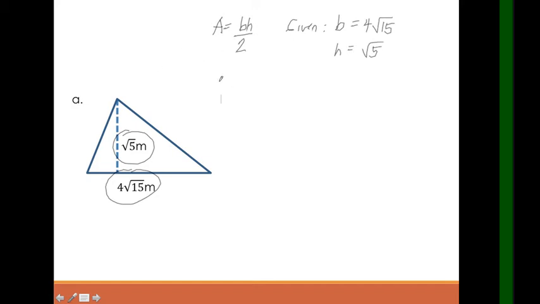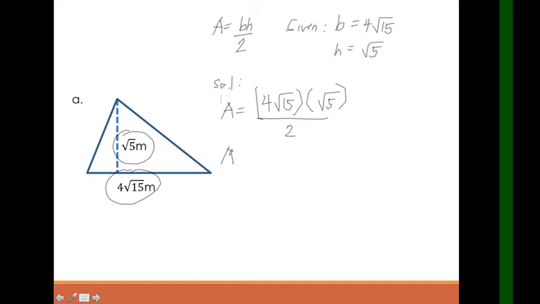So by following the formula, we can now solve. Area equals base, which is 4 square root of 15, multiplied by the height, which is square root of 5, all over 2.